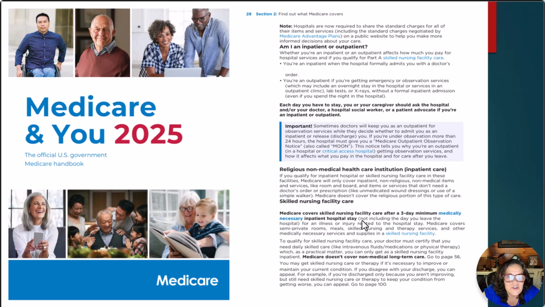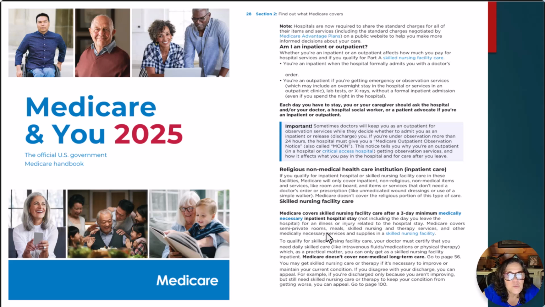Medicare covers skilled nursing facility care after a 3-day minimum medically necessary inpatient hospital stay, not including the day you leave the hospital, for an illness or injury related to a hospital stay. Medicare covers semi-private rooms, meals, skilled nursing, and therapy services and other medically necessary services.